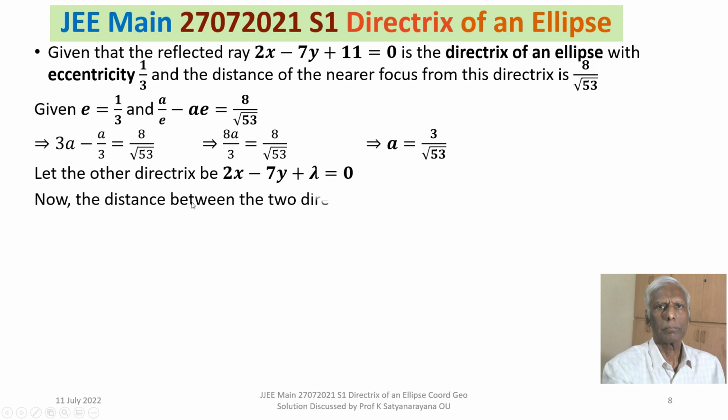So now the distance between the two directrices, this one and this one, is mod of (lambda - 11) divided by the square root of a squared plus b squared. That is modulus of (lambda - 11) by the square root of 2 squared plus (-7) squared, which is equal to the distance between the two directrices.